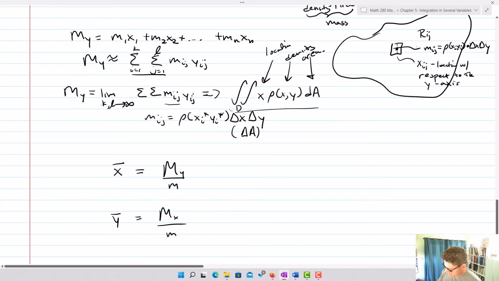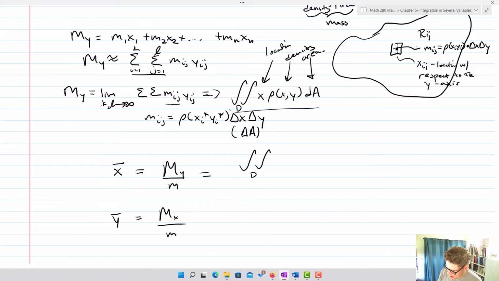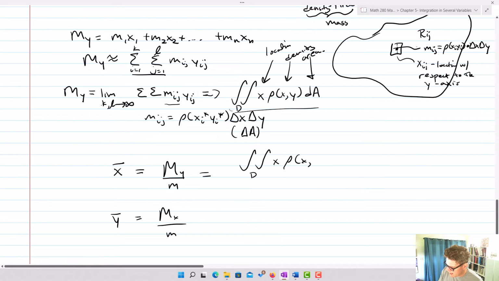And so what that will look like is M_y is the double integral over D of x rho of xy dA over the double integral over D of rho of xy dA.